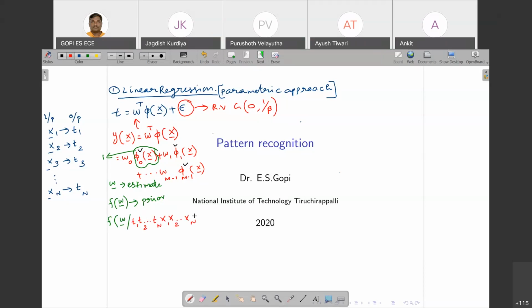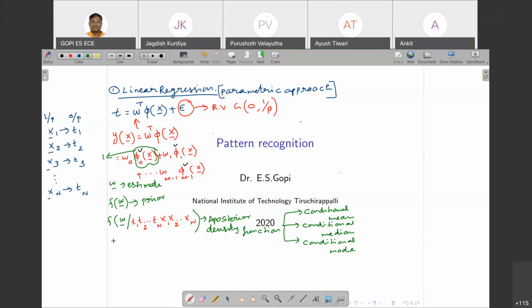This is more general, we can write it like this. This is what we call the posterior density function. If I know this posterior density function, we can take the conditional mean, conditional median, or conditional mode. These are all solutions for estimating this w.